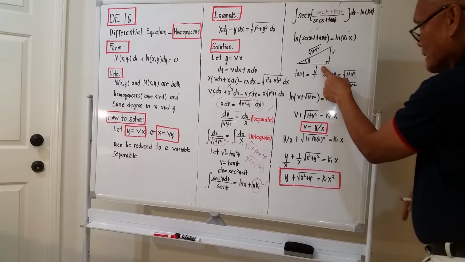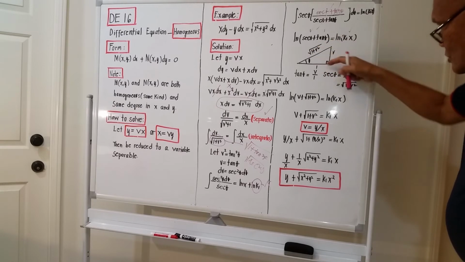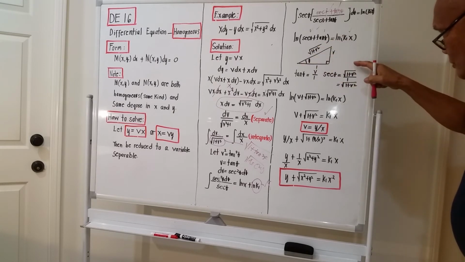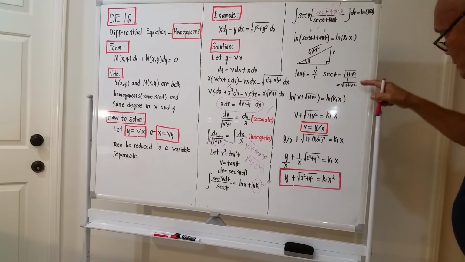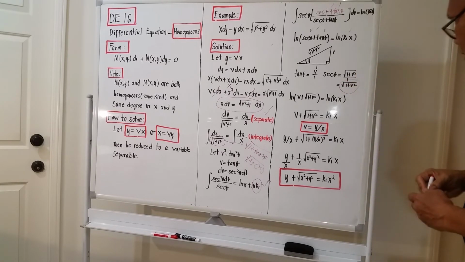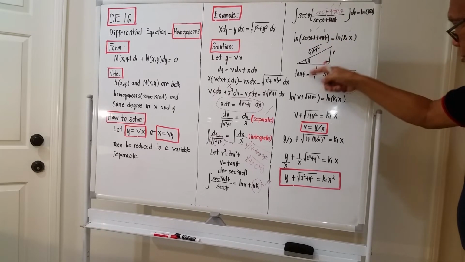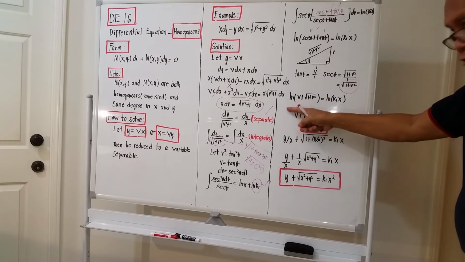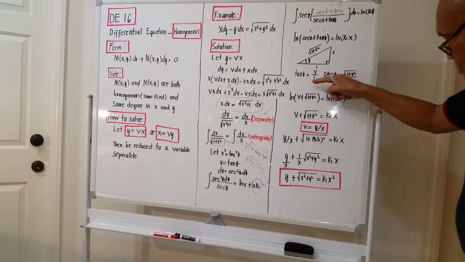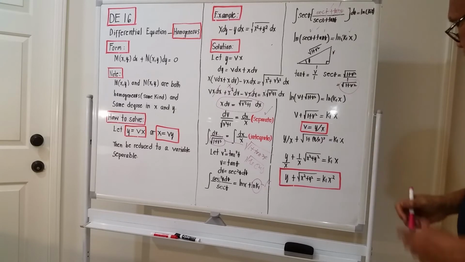After computing the hypotenuse, secant is hypotenuse over adjacent. It will be the square root of 1 plus v squared over 1, or simply the square root of 1 plus v squared. So going back to this, substituting these values here, this will be natural logarithm of v plus the square root of 1 plus v squared equal to the natural logarithm of x.